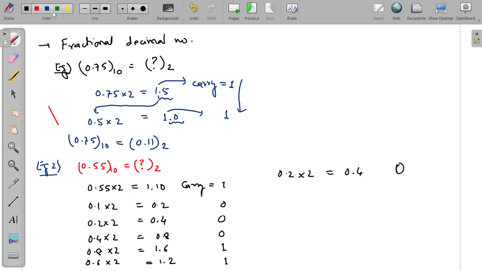But again we can see that this step was repeated here. 0.2 times 2, 0.2 times 2. So again we can predict from here that the next 3 steps would be resulting in 0, 1, 1. Okay, so we can say that these three steps would be repeating over and over again.